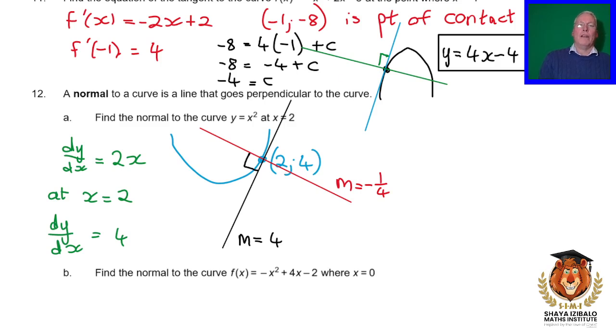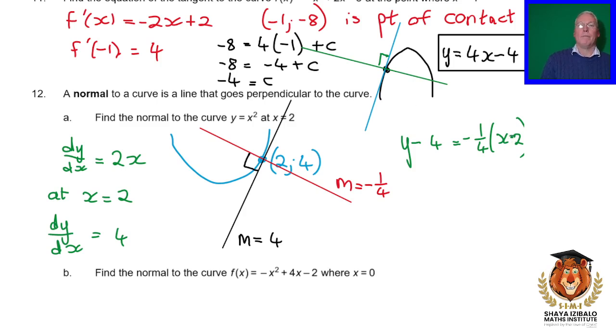Now what we're going to do is, this time I'm going to go with y minus the y value equals the gradient times x minus the x value. Okay, x minus 2.